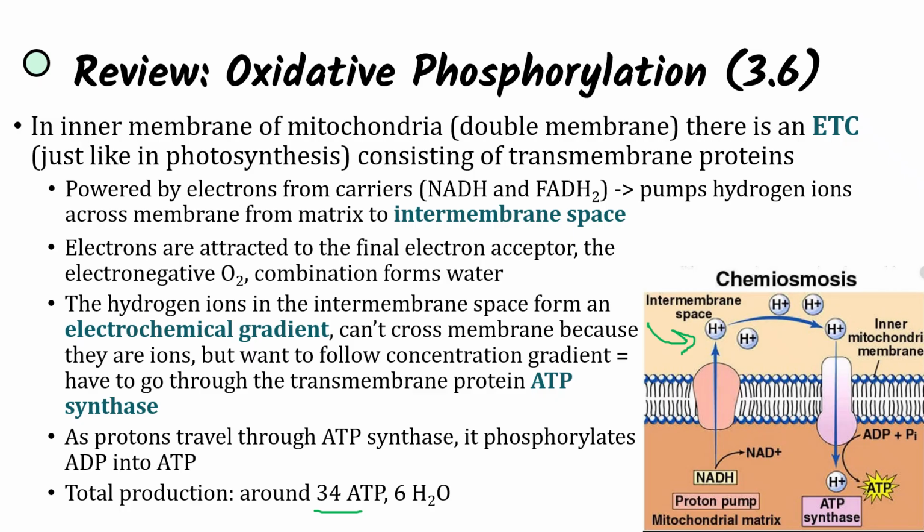And of course the NAD plus and FAD are going to go back into glycolysis, link reaction, Krebs cycle to be reused. And the hydrogen ions are now going to be back in the matrix. So cellular respiration is really just the inverse of photosynthesis. The equations are nearly the same inverse. One is going to produce oxygen while one consumes it, and one is going to produce carbon dioxide while the other consumes it.